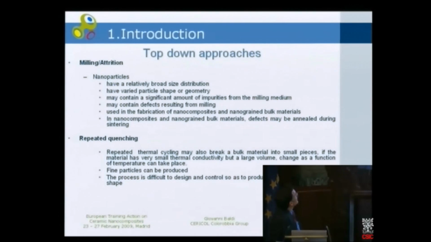Nanoparticles in this case have a relatively broad size distribution, have varied particle shape or geometry, and may contain a significant amount of impurities from the milling media. They may also contain defects resulting from milling. This is a very important point.